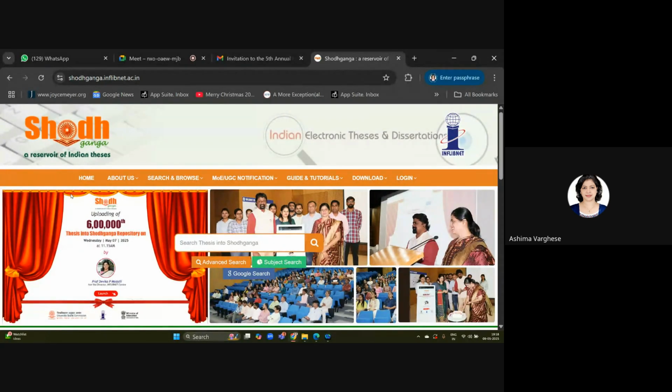Like I told you, it has so many universities or institutions which are contributing towards the research. So see, this screen is different. Why? Because I took the screenshot from Shodh Ganga itself 2 days back, but now you can see that Shodh Ganga is celebrating the uploading of 6 lakh theses into the Shodh Ganga repository.